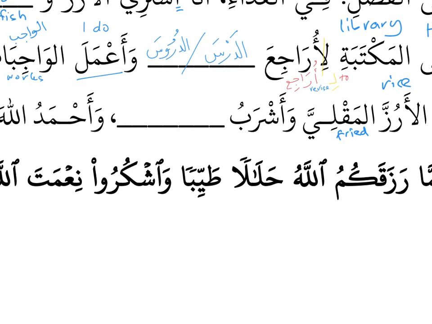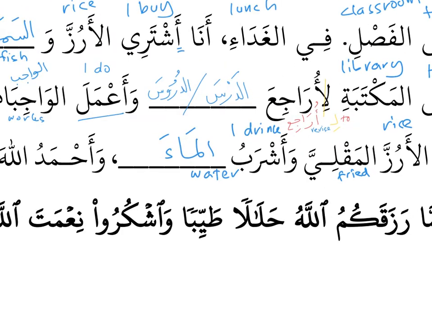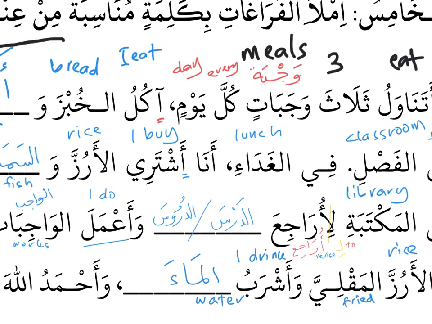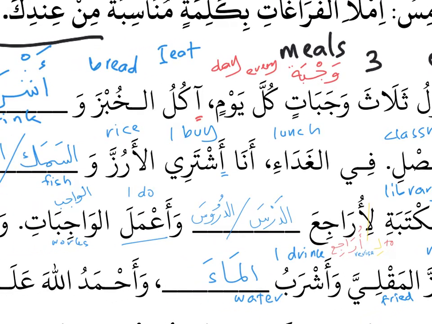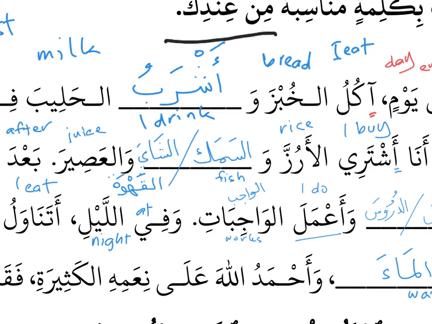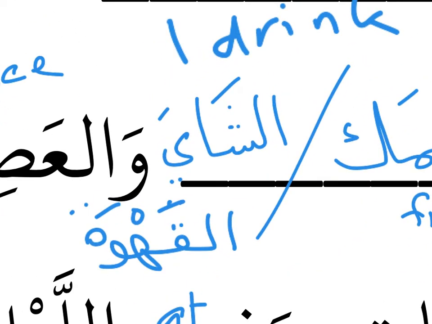Wa ashrabu, and I drink. So you put drink here. Wa ashrabu, for example, you can say wa ashrabu al-ma. Ma, which means water. Wa ashrabu, what are the words that we have learned just now? Wa ashrabu ashai, if not mistaken. Yeah, here. Wa ashrabu ashai, tea.